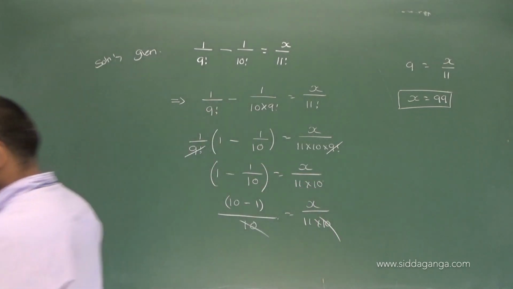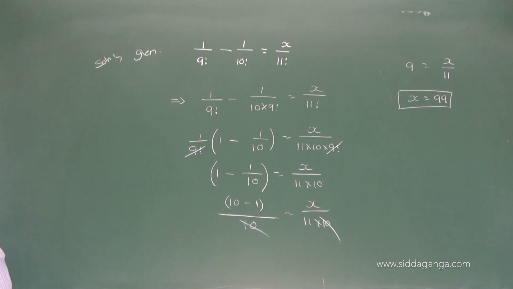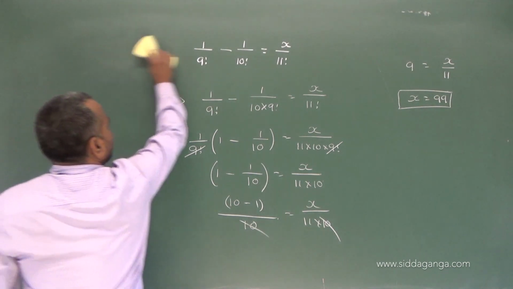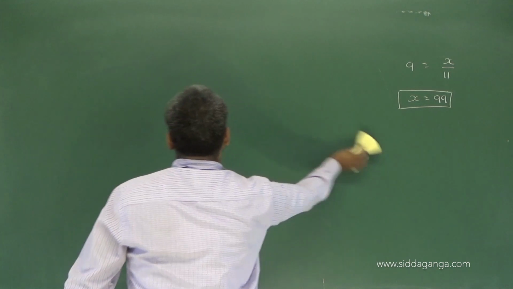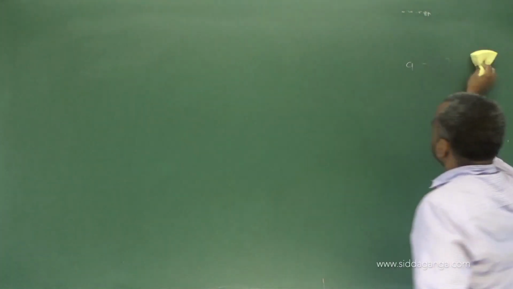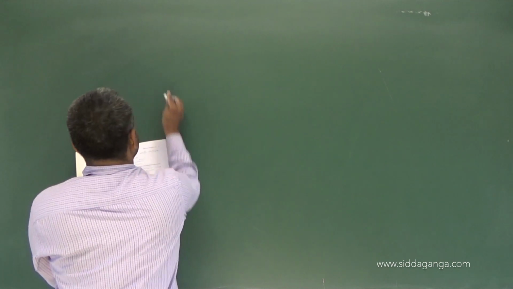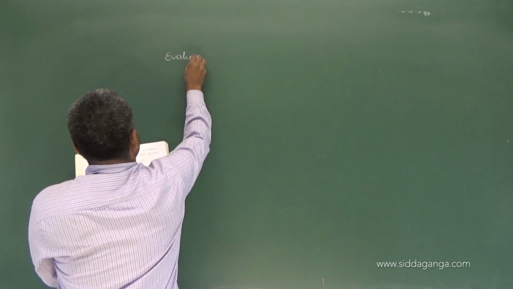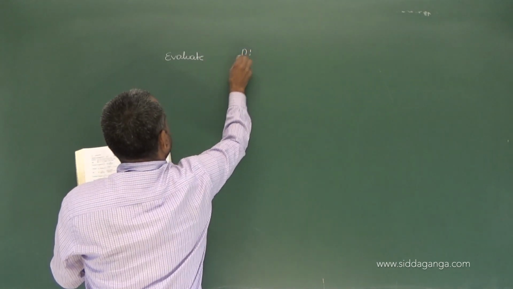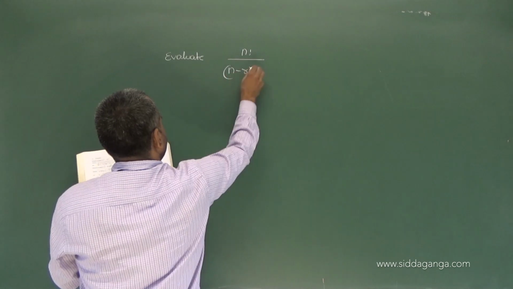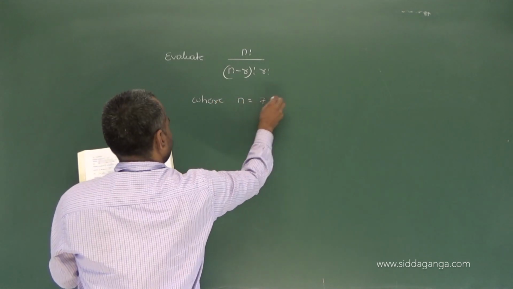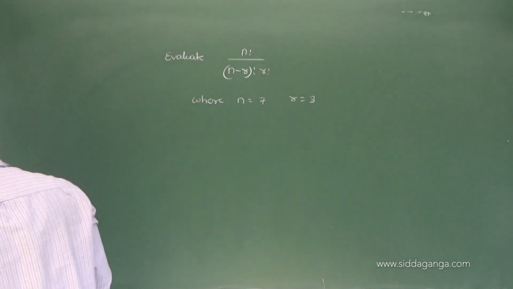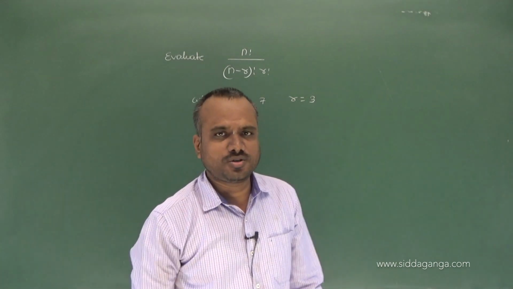So I think the last worked example problem. Evaluate n factorial divided by (n minus r) factorial into r factorial, where n is equal to 7 and r is equal to 3.